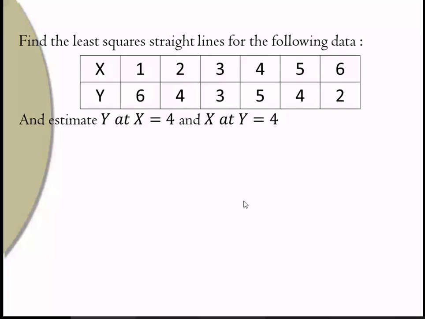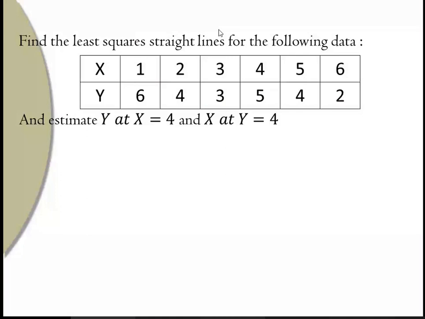And estimate y at x equal to 4 and x at y equal to 4. Now here we want both straight lines. The first straight line will be y equal to a0 plus a1x, and the other straight line will be x in terms of y, that is x equal to some constant plus constant into y.